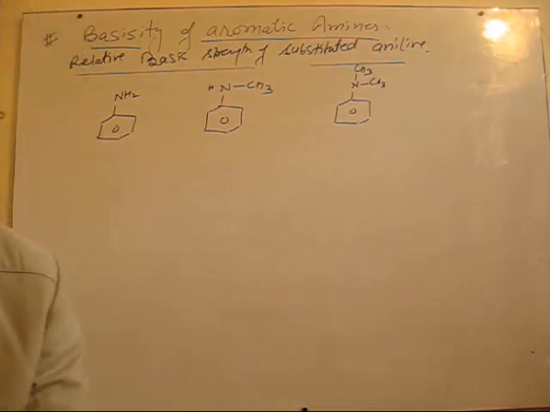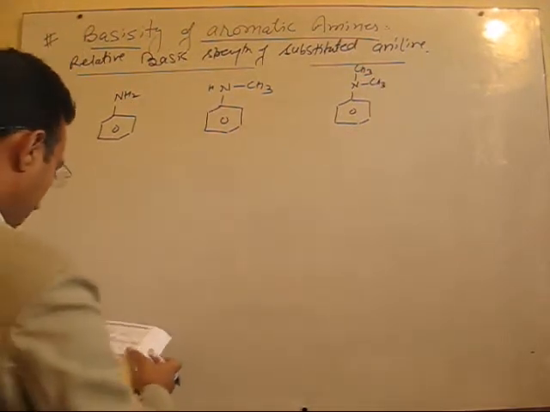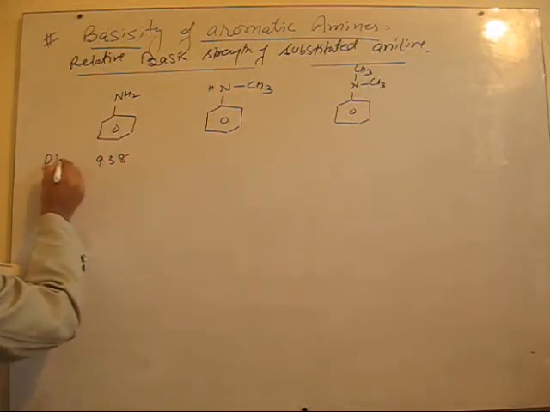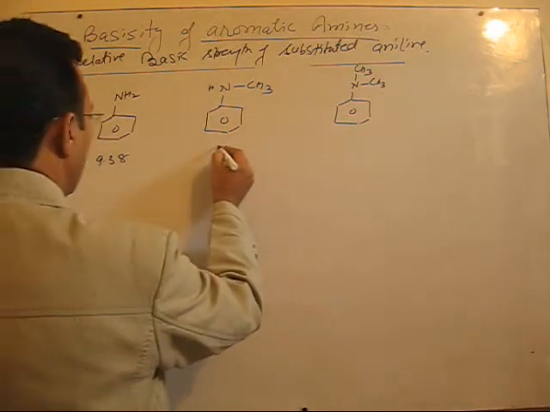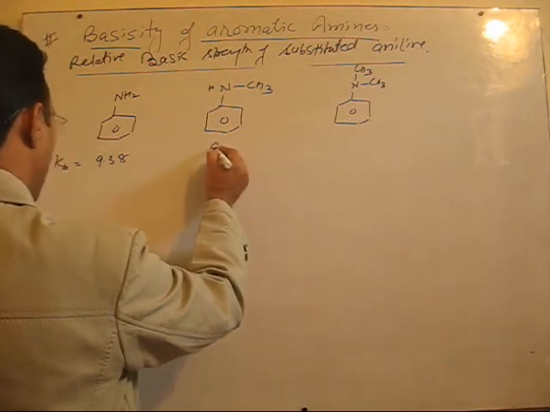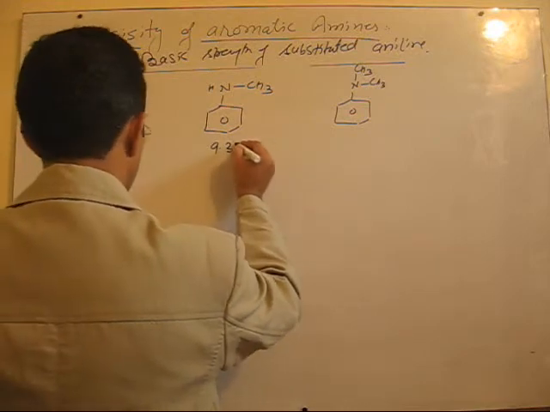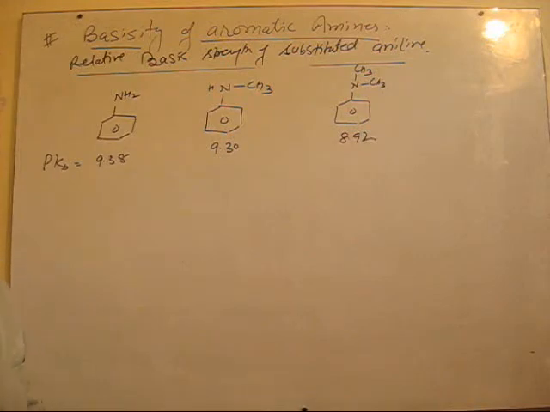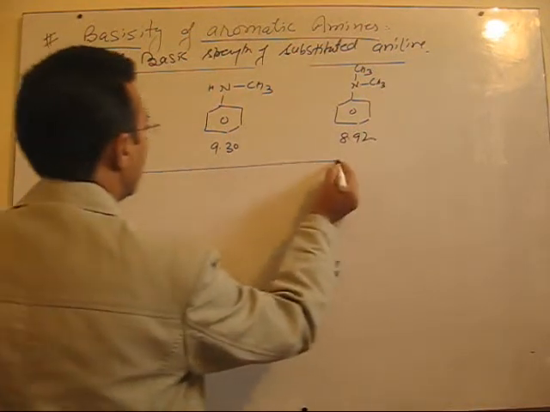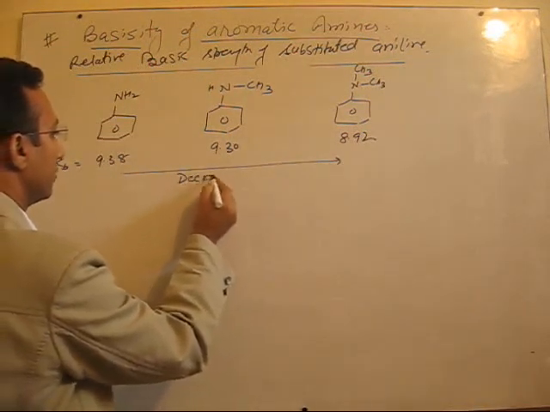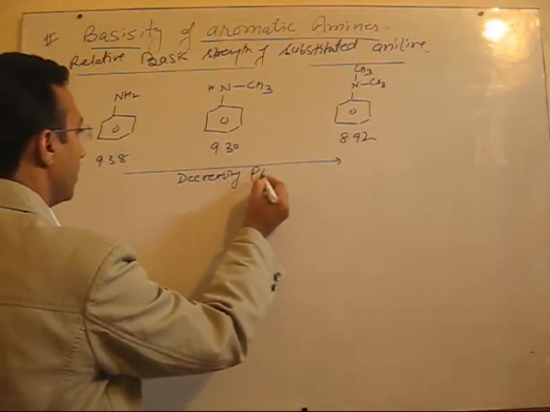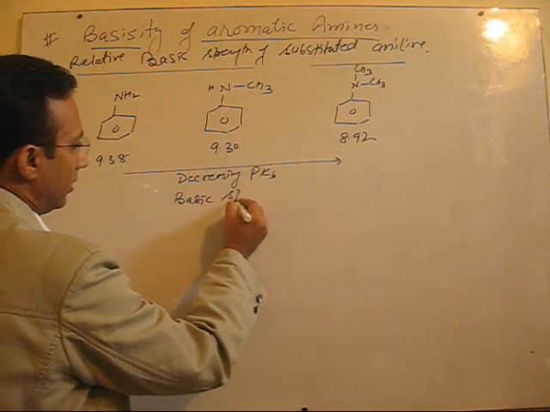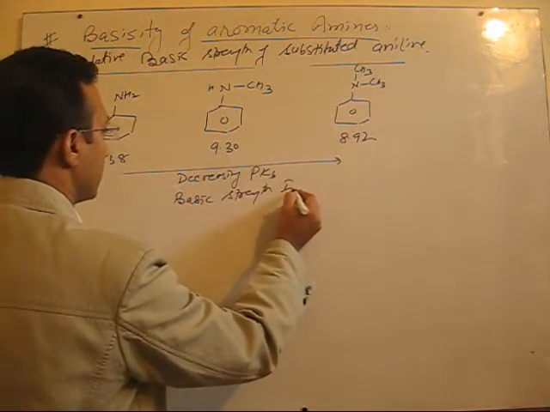So if we see their pKb values, the pKb value for aniline is 9.38, then for this 9.30, and this is 8.92. So you see the pKb value in this direction is decreasing. So this shows that in this direction the basic strength increases.